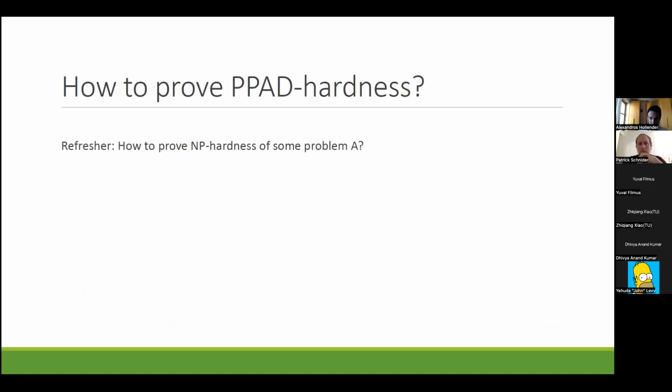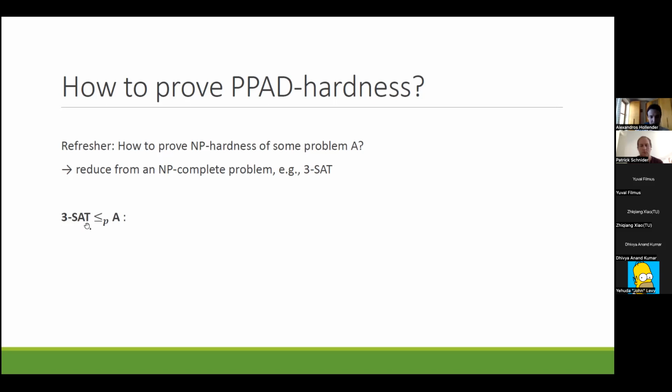And for that, let's take a look at what a reduction is in, first of all, the standard NP hardness proof, the way we prove NP hardness for decision problems. And that is by, for example, reducing from the 3-sat problem, which is known to be NP complete. So what is the definition of a reduction in that setting, in the NP hardness setting?